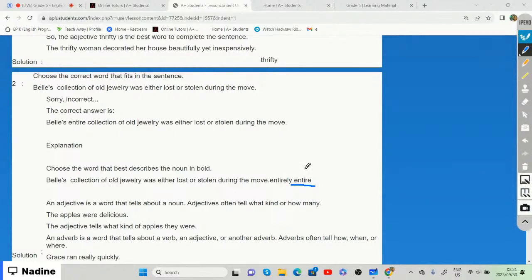Entire is the adjective, and the adjective tells us what kind. Bella's entire collection.